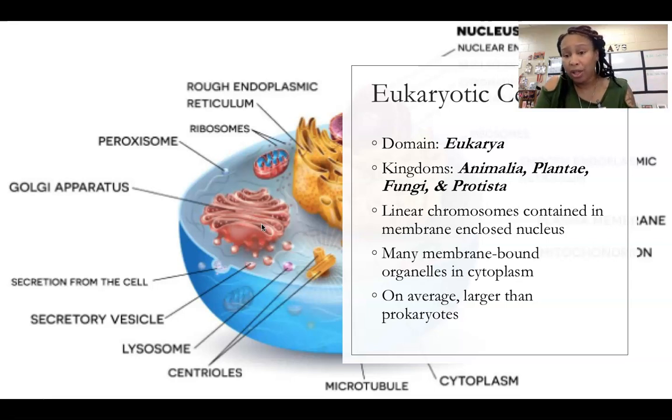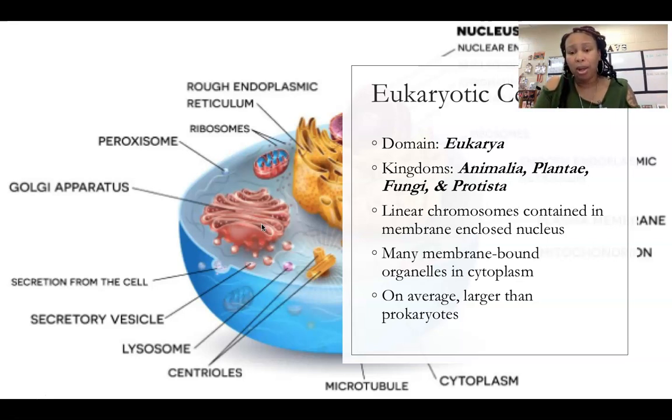The chromosomes found in eukaryotes are going to be linear. They're going to be enclosed, separated from the cytoplasm in a nucleus, surrounded by a nuclear membrane, which is a double membrane that contains nuclear pores to allow things to get in and out. There's going to be many membrane-bound organelles in the cytoplasm. So Golgi, ER, mitochondria, lysosomes, those are all membrane-bound organelles.